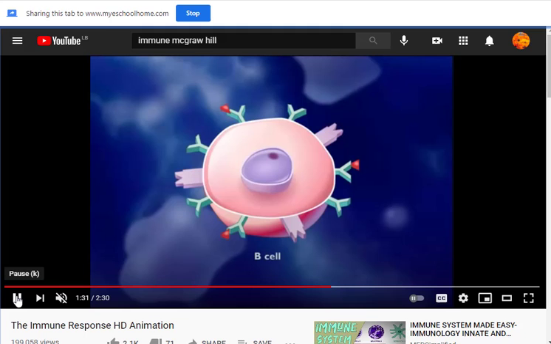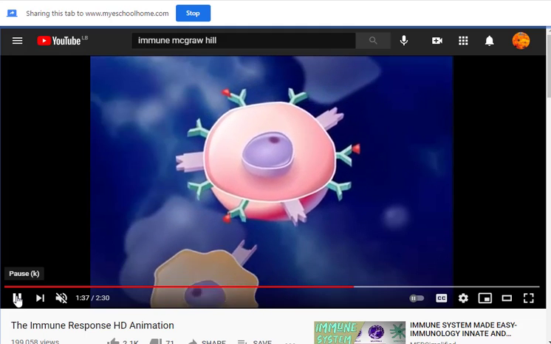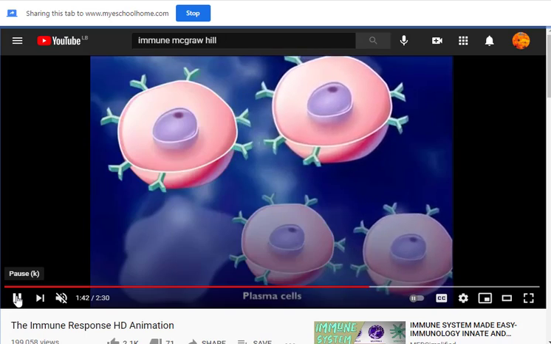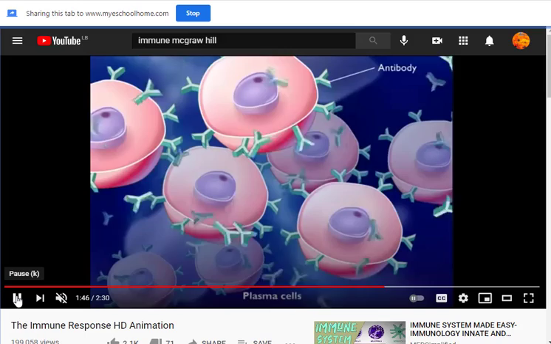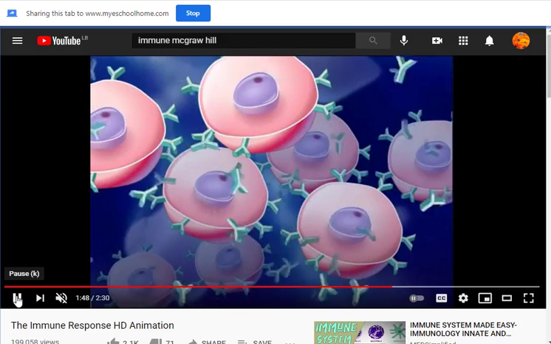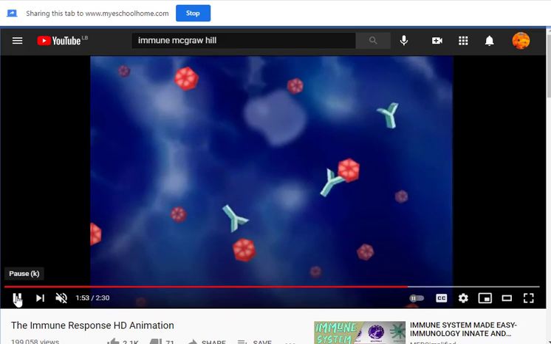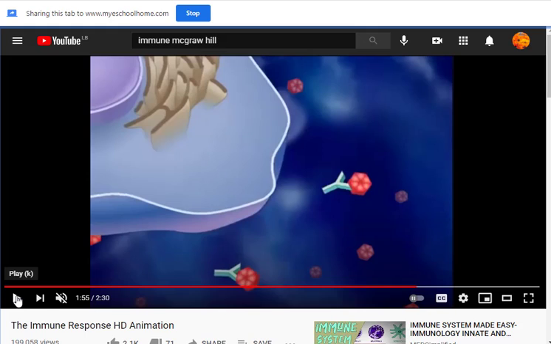Meanwhile the activated B cell is transformed into plasma cells, divide into plasma cells that start secreting antibodies in large amounts. These antibodies can bind to the pathogen.